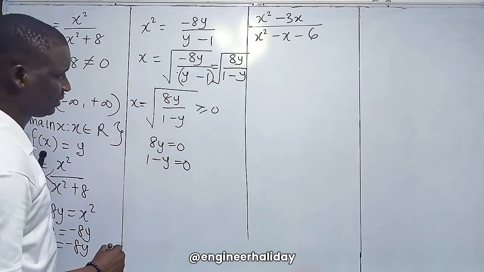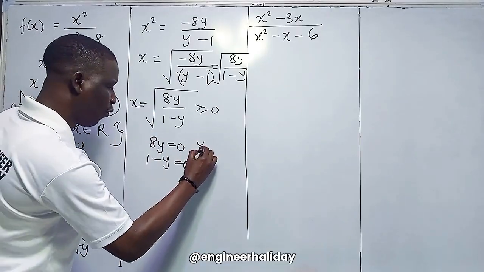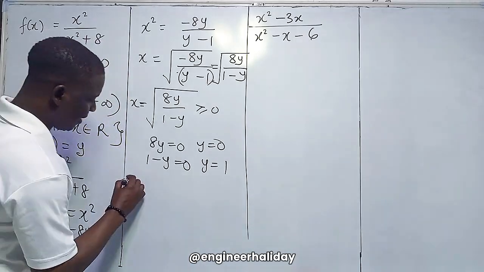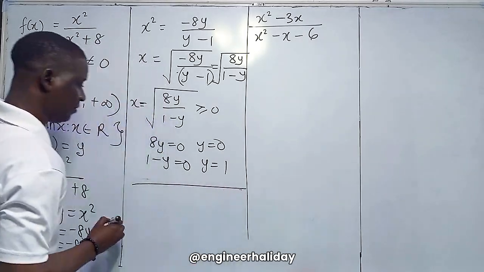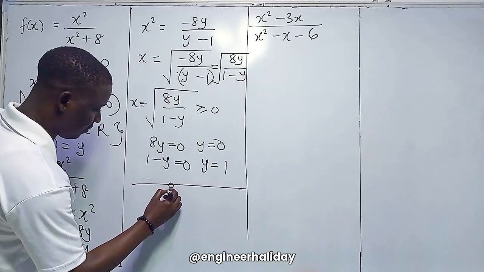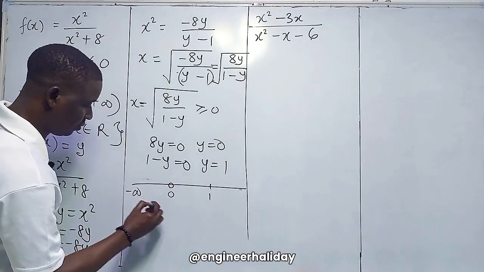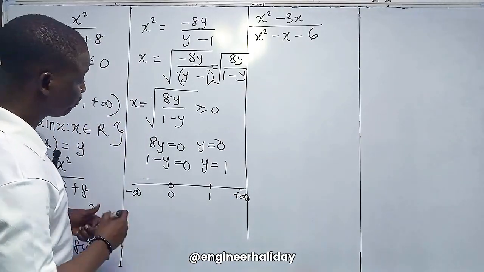Anytime you see a function like this, just use the Sanchez method. So we are going to have y equals 0 and y equals 1. Now let's draw the line to analyze our validity.